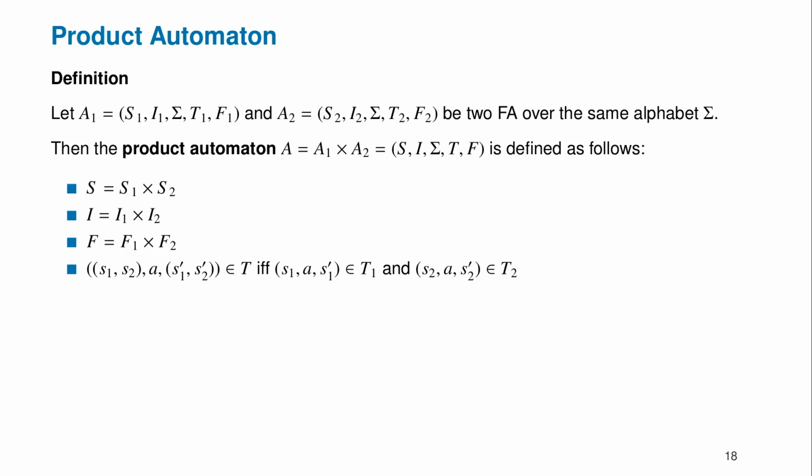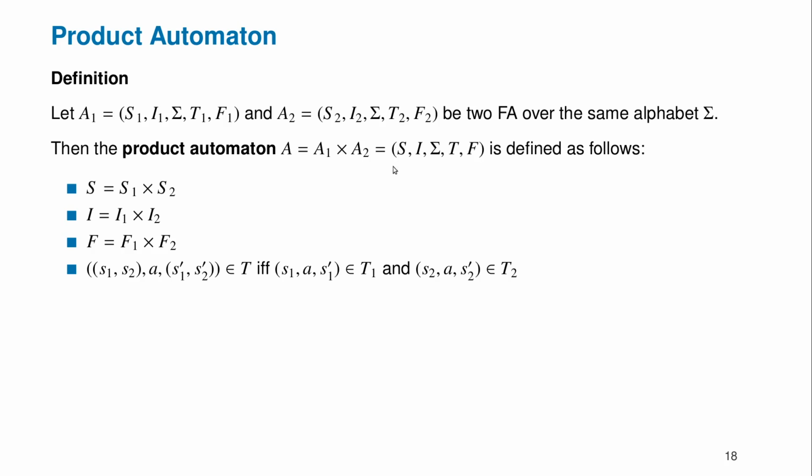So we are given now two automata, and they have different states, different initial states, different transition relations, and different final states, but they have the same alphabet, otherwise it would not make much sense to calculate the joint words. So we have given these two automata, and then we define the product automaton as follows.